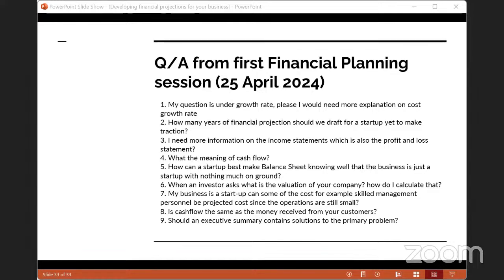Question 4. Que veut dire cash flow ? Donc, le cash flow ici, c'est la somme des entrées d'argent moins la somme des sorties d'argent. Et c'est ça qui vous permet d'autofinancer votre entreprise. Bon, il y a bien sûr des formules comptables ou mathématiques pour les calculer.